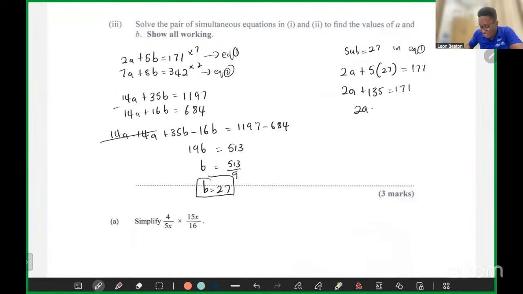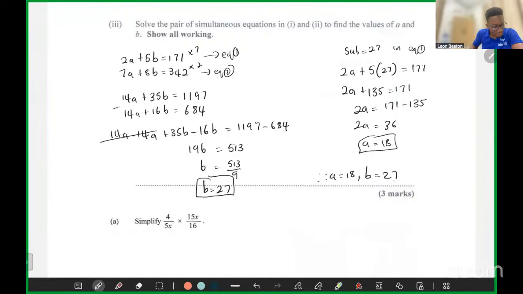Hence 2A would be equal to 171 subtract 135. 2A is equal to 36. A would be equal to 36 divided by 2. That would give us 18. So we can say A is equal to 18, B is equal to 27. All right. Nice and easy, fan favorite.